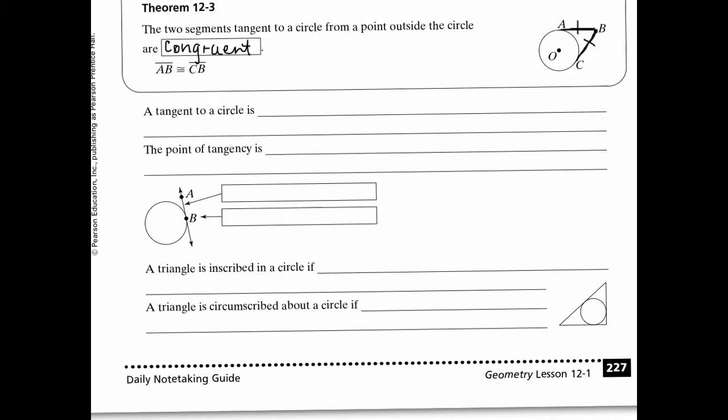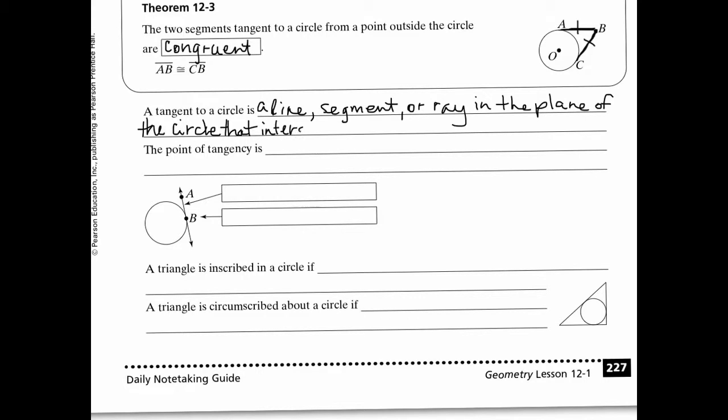Look at our definitions. A tangent to a circle is a line, segment, or ray in the plane of the circle that intersects the circle in exactly one point.